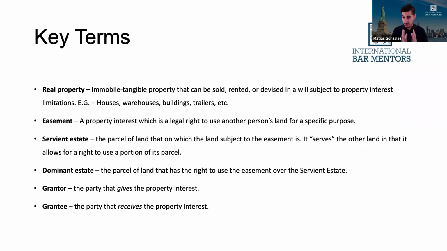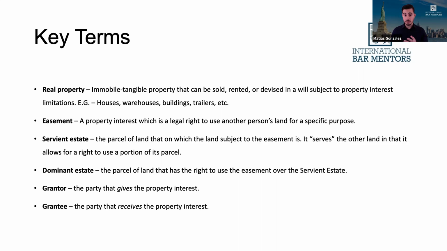Why? Because it has the land where the easement is located, and it lets the other estate, which is called the dominant estate, use that piece of its land, okay? So again, the dominant estate is the parcel of land that has the right to use the easement over the servient estate.